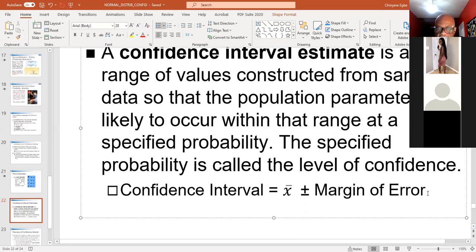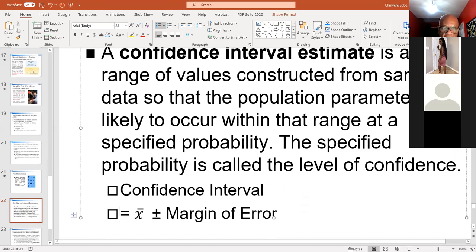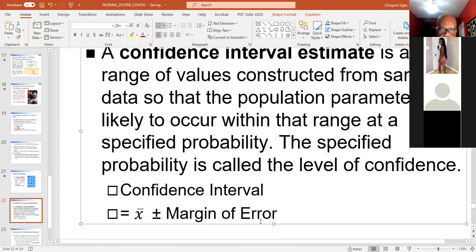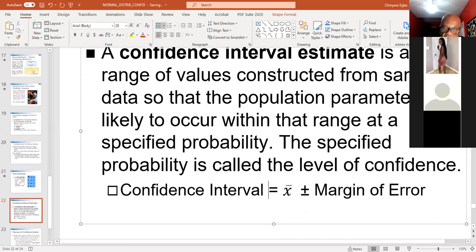So what is the margin of error? I'm going to see if I can provide that here. The confidence interval is X bar plus or minus the margin of error. In fact, I can go back here and say what the margin of error is.